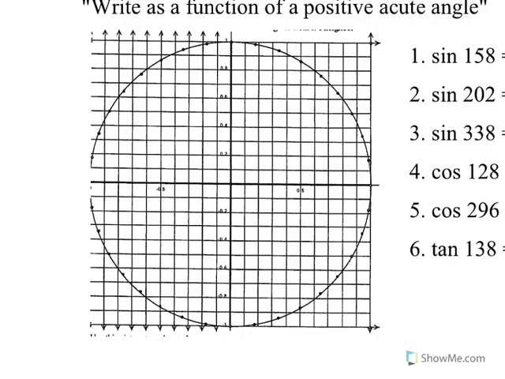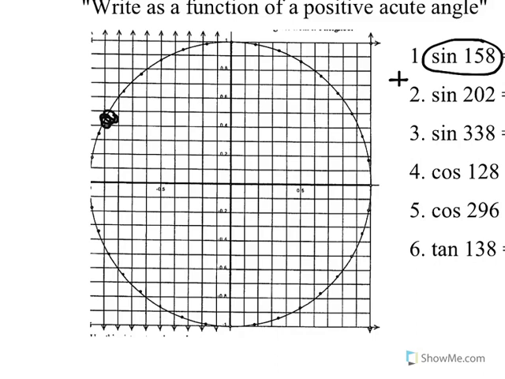A type of question you can do with this is, if I need to know the value of sine 158. 158 is somewhere, here's 180, 170, somewhere over here. One thing about sine 158 is that it is the y-coordinate of this point, which is positive.